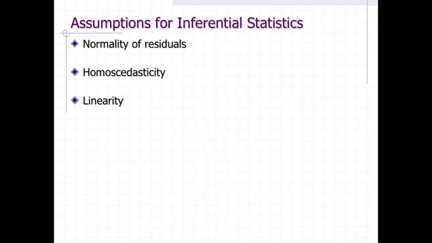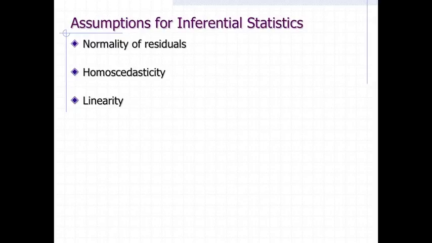As in the case of simple linear regression, the residuals are the errors of prediction. Specifically, they are the differences between the actual scores on the criterion and the predicted scores. Significance tests in multiple regression assume these residuals are normally distributed.